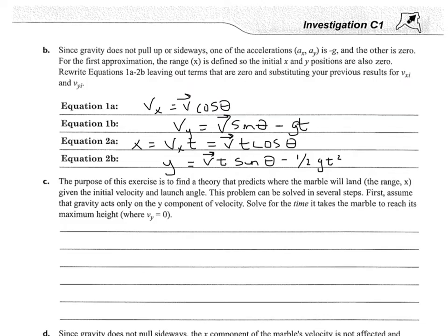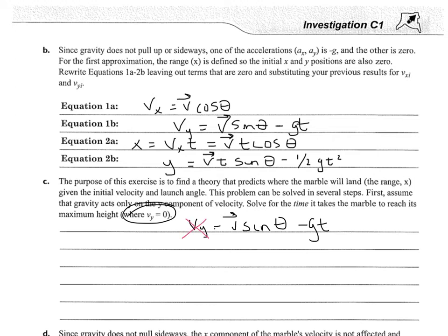For this next part, we want to look at the equations we have and recognize that at the maximum height, at that point, the velocity is equal to 0. So we're going to take Vy equals V arrow sine theta minus gt. And then we're going to say that this part right here is equal to 0.